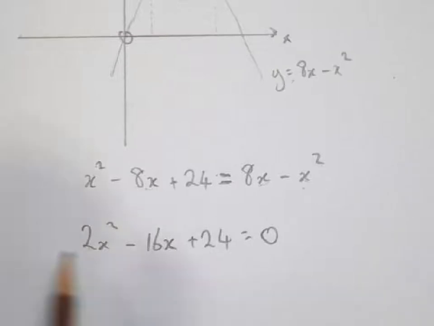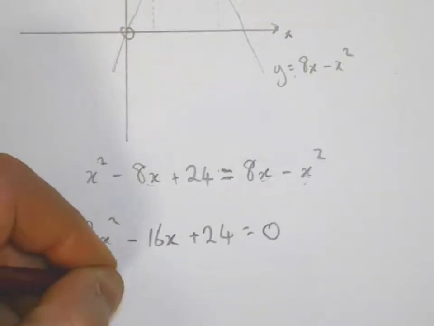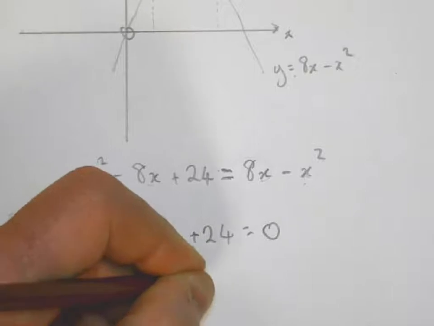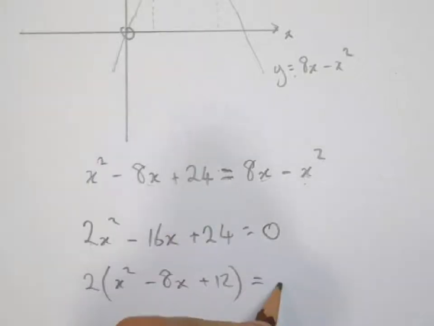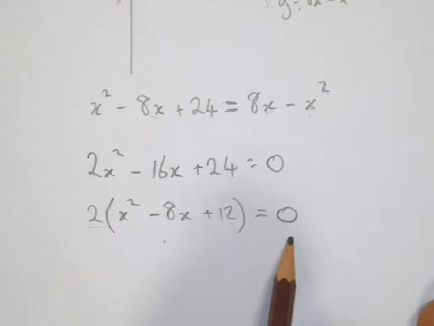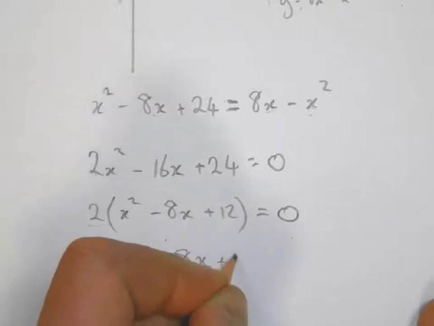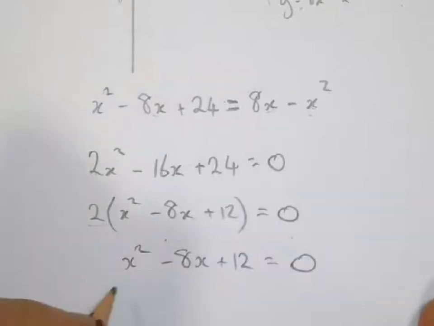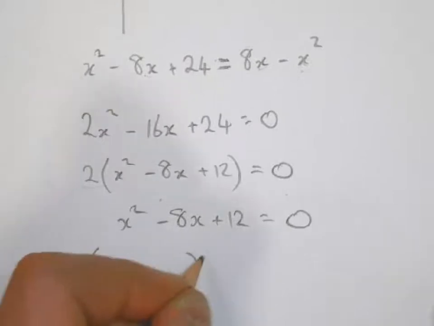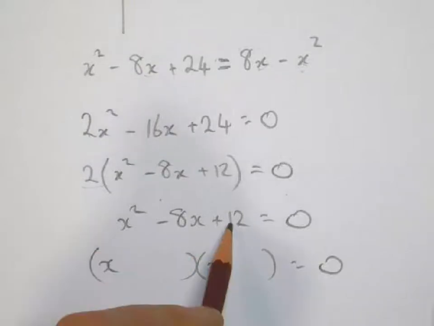Now we can factorize this quadratic here. You can take 2 out as a common factor, and then we can simplify this even further, because we can divide this side by 2 and we can divide this side by 2. So you're going to end up with x squared take away 8x plus 12 equals 0. This can be factorized. You can split the 12 into 6 and 2.